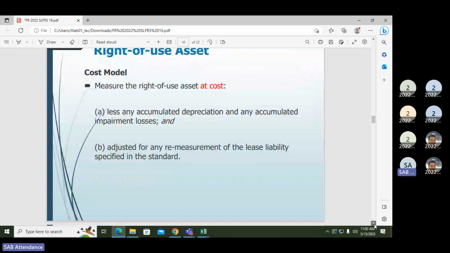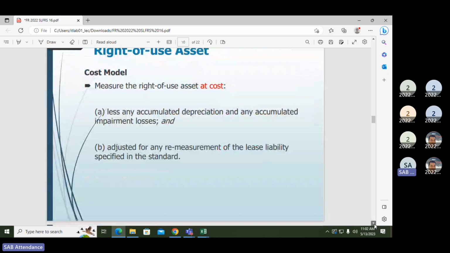So the differentiation between finance lease and operating lease is based on whether risk and reward transfer or not. That is the point where you differentiate finance lease and operating lease. But this risk and reward is accounting terminology, right?